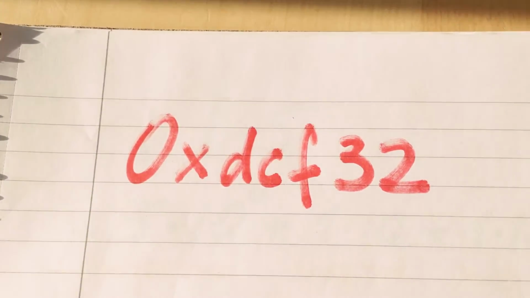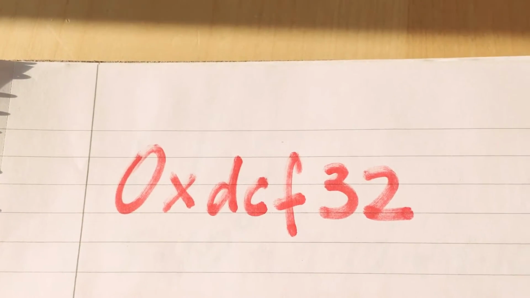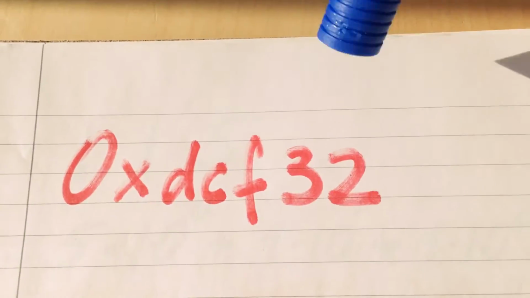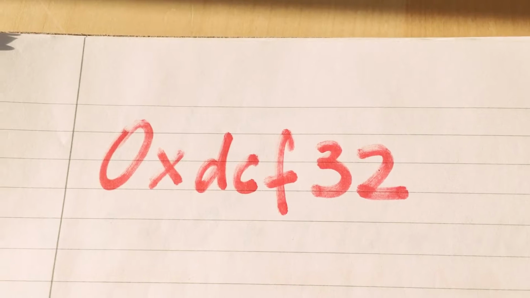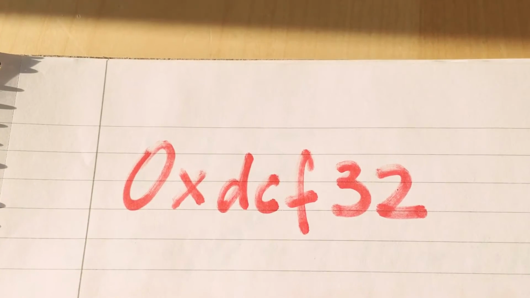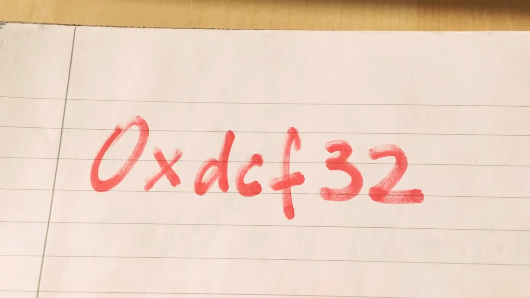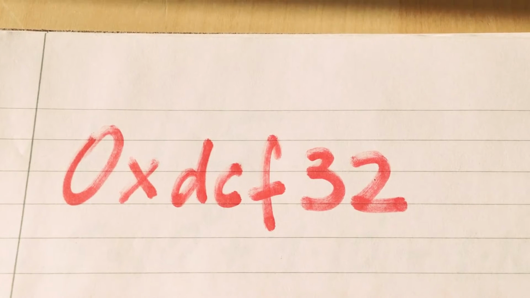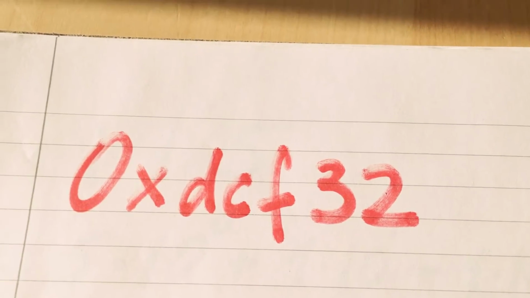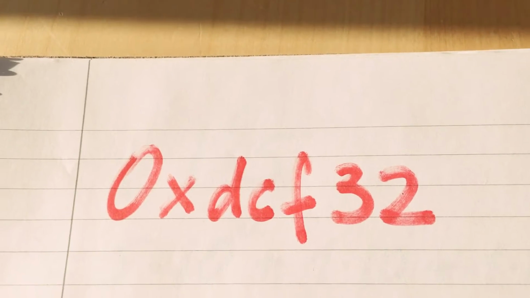Well, first of all, we need to understand that this is in fact a number. The only difference between this number and a normal number is that this number is written in base 16 representation. As you know, we use digits from 0 to 9, meaning that in the regular number system, we are operating in base 10 because we have 10 digits: 0, 1, 2, 3, 4, 5, 6, 7, 8, 9.